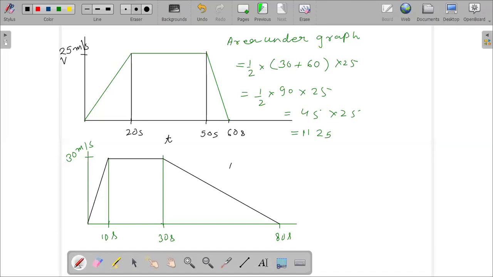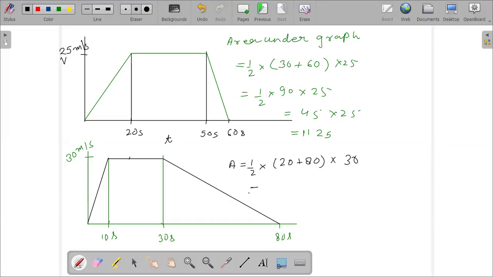But this side and this side are the parallel sides. The length of this border is 80. So you get half multiplied by 20 plus 80, multiplied with the height. So height here is 30.